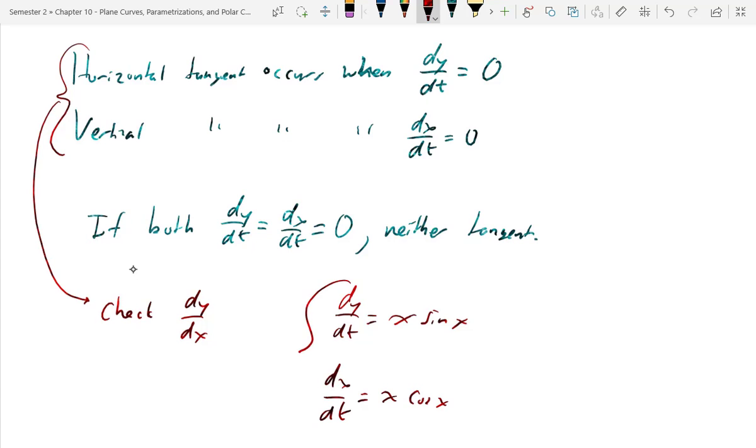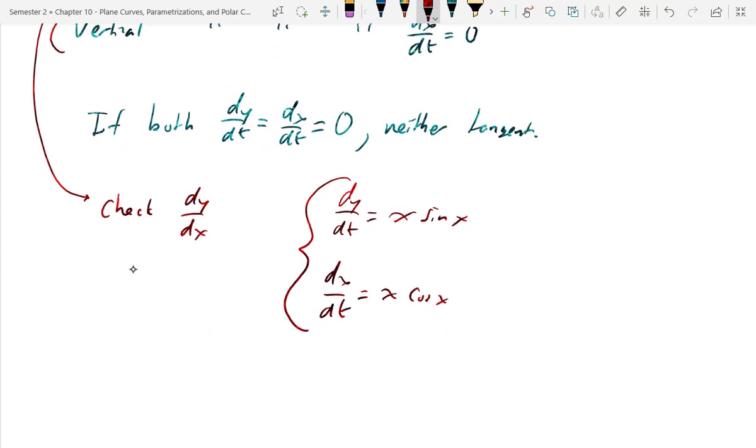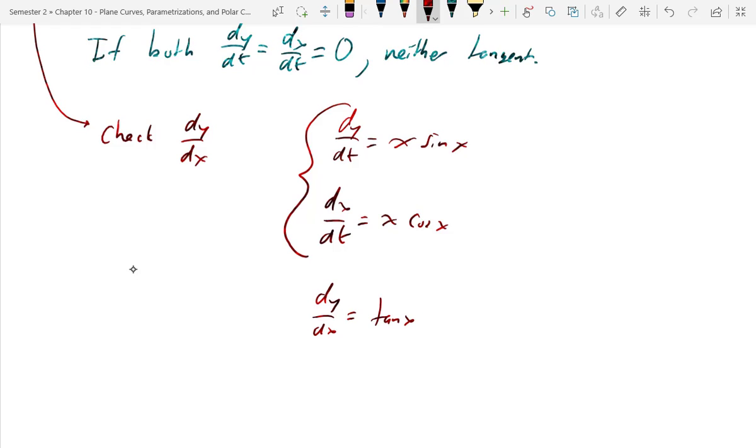But what you really want to check is when you divide the two, dy/dx would be equal to tangent t. Tangent t is equal to 0 at t equals 0. So there is a horizontal tangent at 0, but it's because the combined derivative has that, not because each individual one did. So in cases where you have a clean cancellation happening when you take the derivatives and divide them, just check what happens at that point.